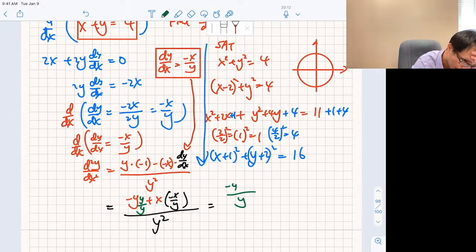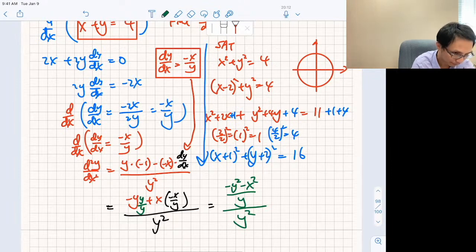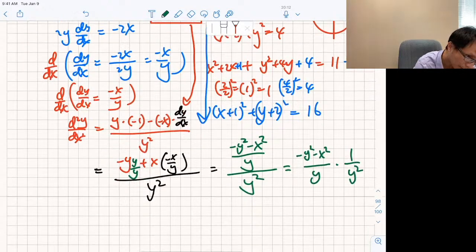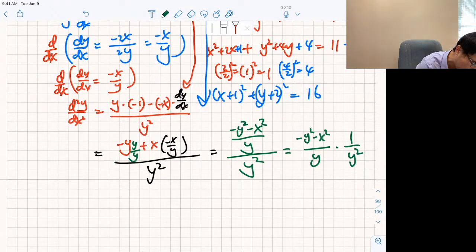It's going to be negative y squared minus x squared over y squared. And not only that, I'm going to say negative y squared minus x squared over y times 1 over y squared. So keep, change, flip. That's equal to, I take out the negative sign here, x squared plus y squared.